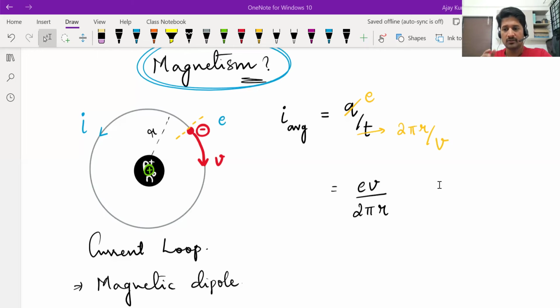If there are no unpaired electrons, all electrons are paired. For every electron, there is another electron cancelling its field. In that case, the net magnetism of the atom will be zero, and the net magnetism in the material also will be zero. If it's not a magnet at the atomic level, then at the material level also it won't be a magnet.